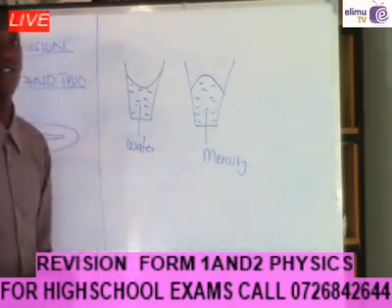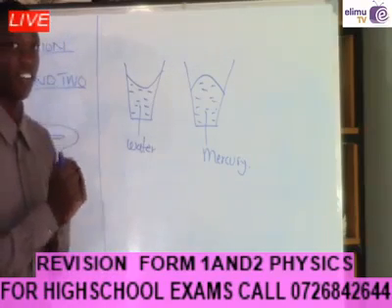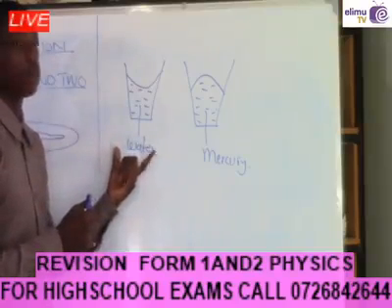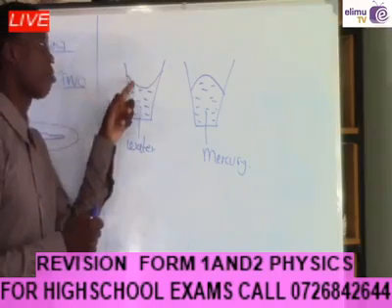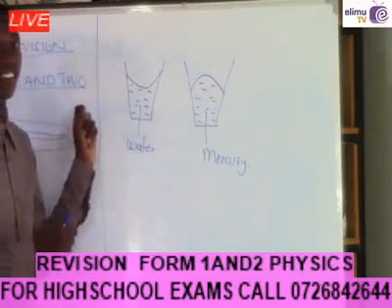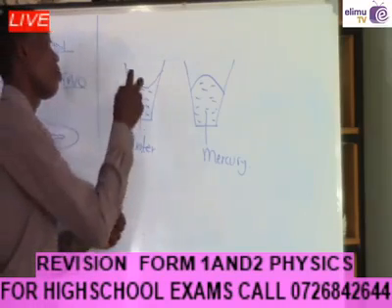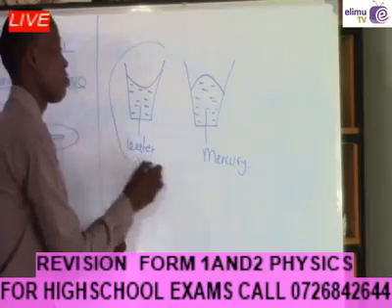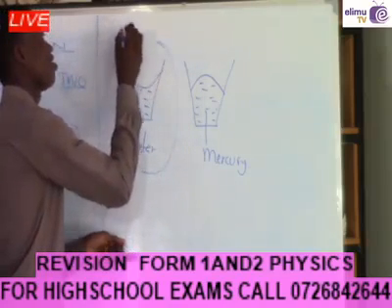When you talk about molecules of different kinds, we are looking at water. We have the molecules of glass and the molecules of water. These two molecules have been attracted, and therefore this diagram gives us what we call the adhesive force.